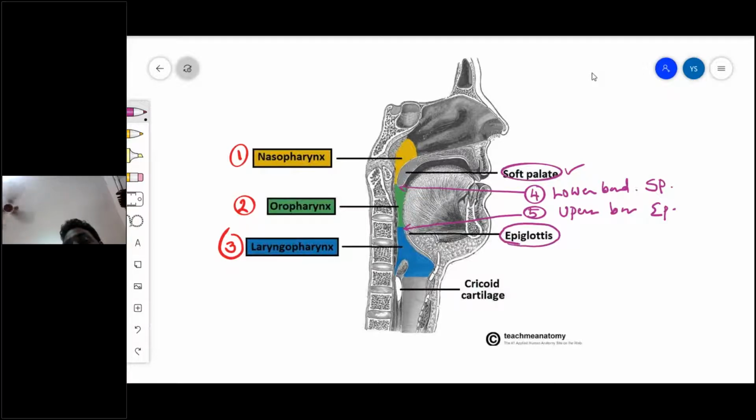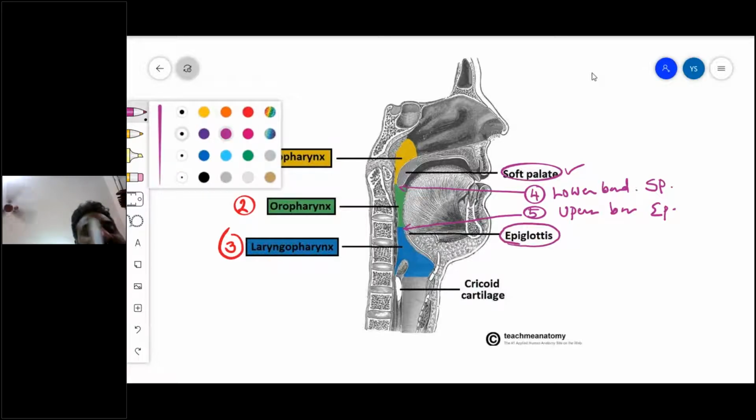Above the lower border of the soft palate, that part is called nasopharynx, from the sphenoid bone. Similarly, below the upper border of the epiglottis, number 5, up to the lower border of the C6 vertebra, that part, blue one, is called laryngopharynx. So based on number 4 and 5, we can divide the three parts of the interior of the pharynx: nasopharynx, oropharynx, laryngopharynx. That's the one point.